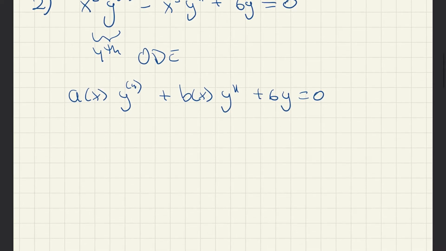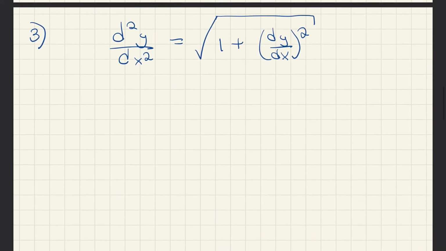You can see this equation is linear, so the problem is solved. It is a fourth order ordinary differential equation as well as linear. Go to the next one.